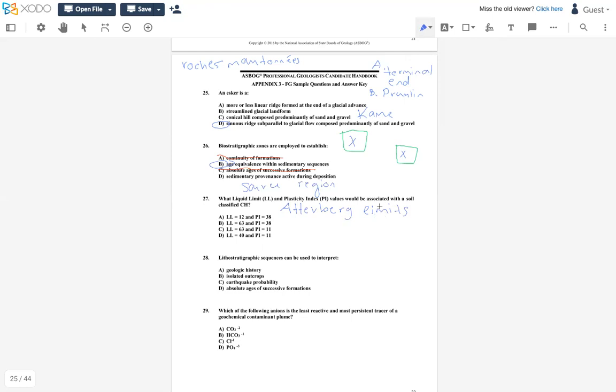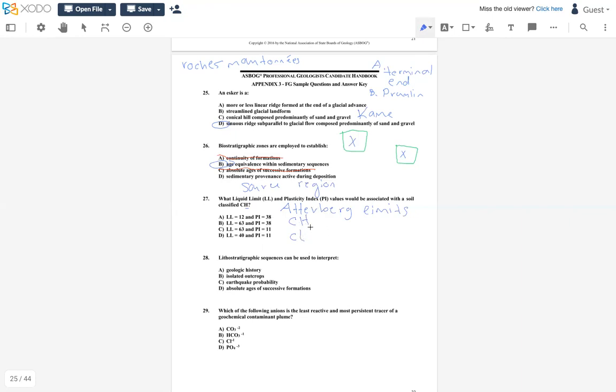This is also a geologic engineering concept. You might cover this in a geomorph class depending on your professor. The secret to this that I like to remember is that this H here can also be replaced with an L. So you can have CH and you can have CL, and those are different types of soils.